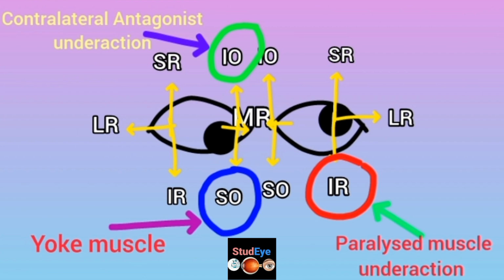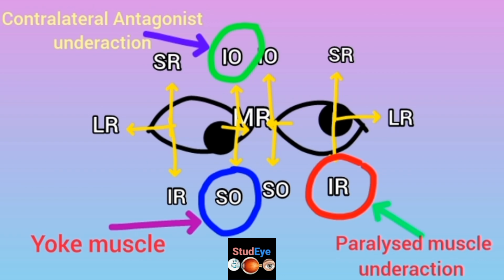So now in the fourth step, we have discussed that there will be the underaction, or the inhibitory palsy, of the contralateral antagonist. I have told you the contralateral antagonist is the muscle in the opposite eye, and here the agonist is the yoke muscle, which was the superior oblique, and its antagonist is the inferior oblique.